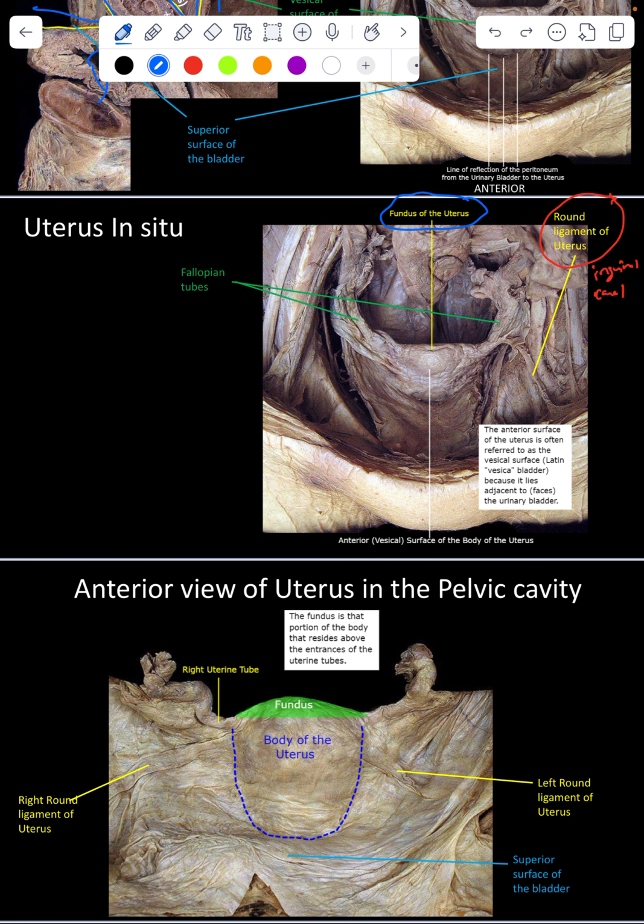So if you use this exact picture, these are fallopian tubes. Round ligament will be coming more like up because it's going to go through the inguinal canal. So round ligament is kind of like the spermatic cord in males because they both go through the inguinal canal.